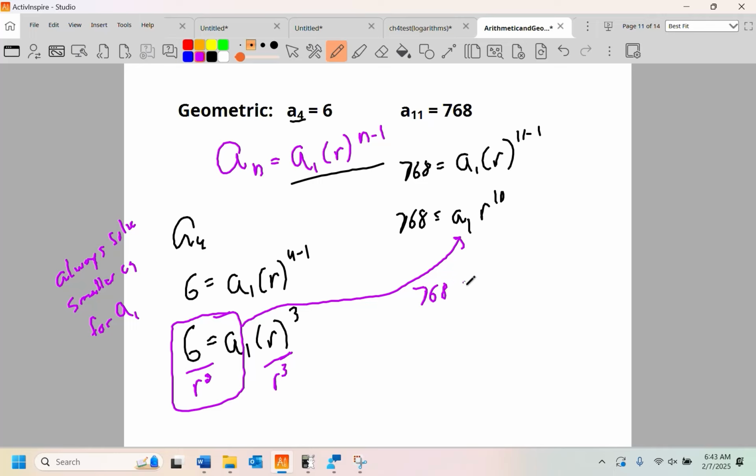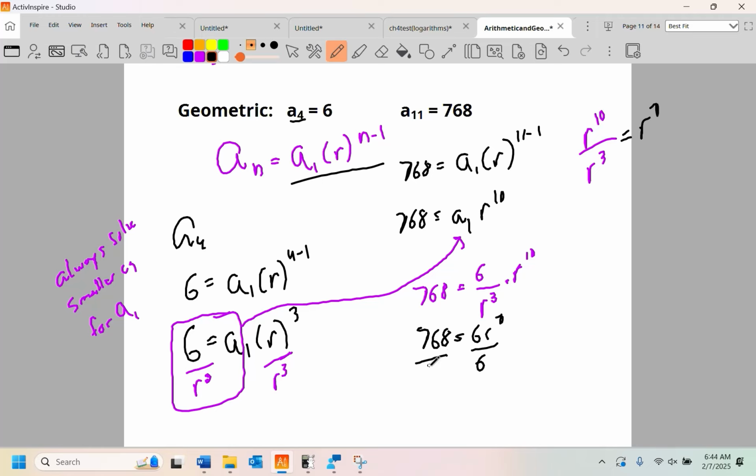So 768 is 6 over r cubed times r to the 10th. And then we have the other issue: what is r to the 10th over r cubed? It's r to the 7th, because 10 minus 3 is 7. So 768 is 6r to the 7th.